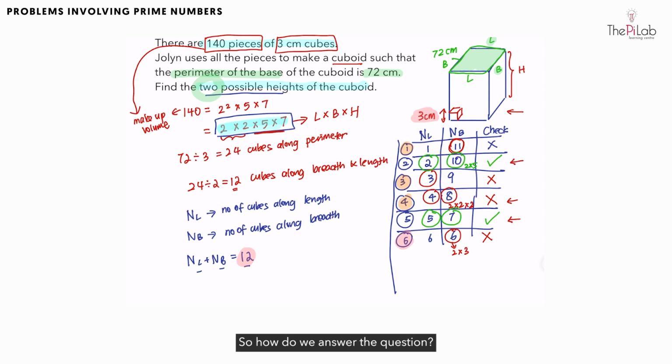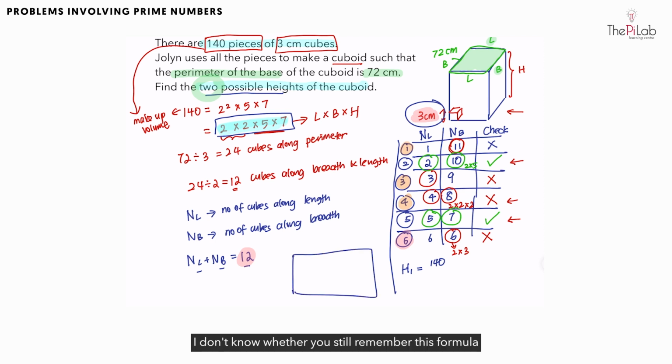So how do we answer the question? Recall that we are dealing with 3 cm cubes. So first step, we're going to find the 2 possible heights. So I'm just going to label the first height as H1, which means that if I have 140 cubes, I don't know whether you still remember this formula, but in order to find the height, this would be the volume divided by the base area.